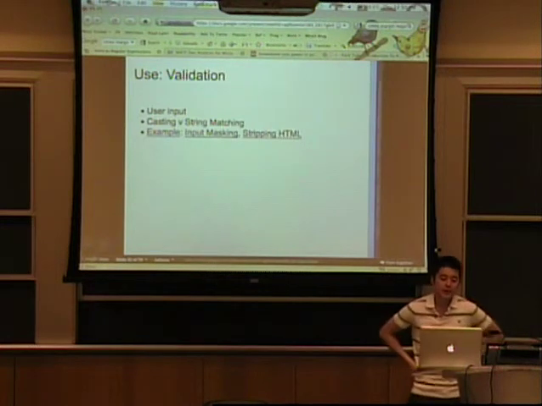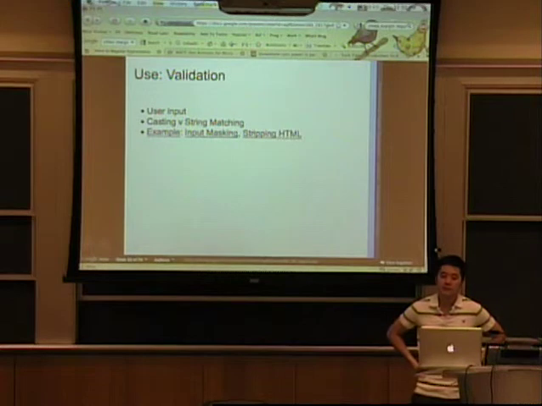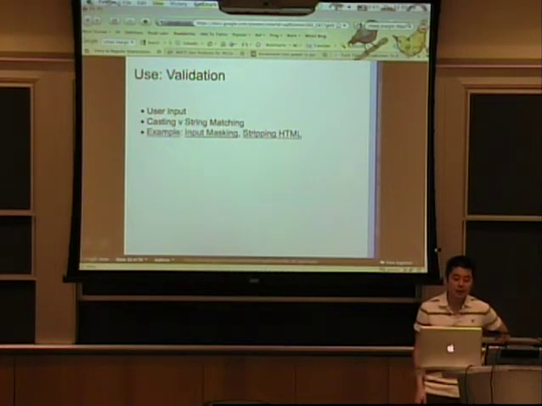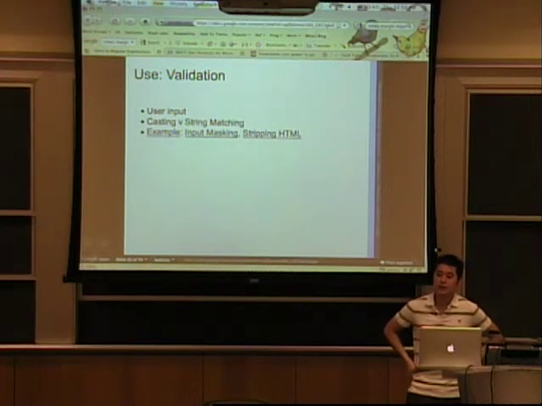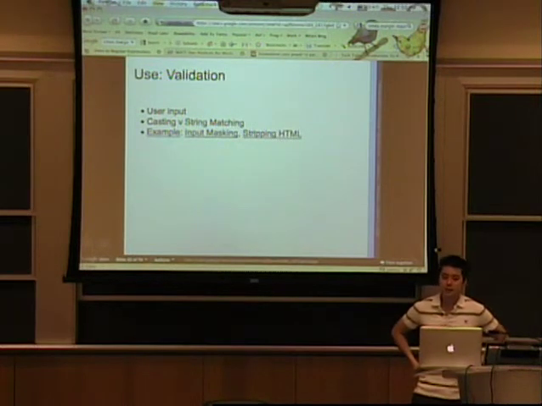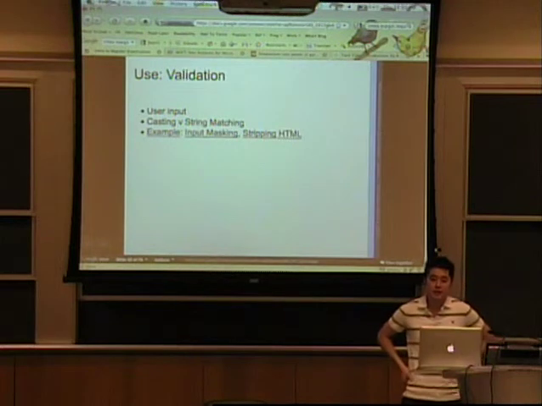Another use is validation. That's kind of obvious when we're filling out HTML forms and people want to prevent users from entering certain stuff. We can validate against that. What I really want to talk about here is casting versus string matching. So let's say you want a date. Do you want to use a regular expression to validate that?